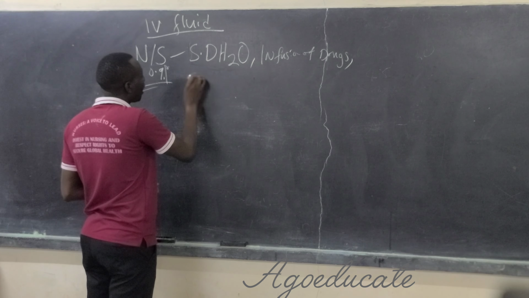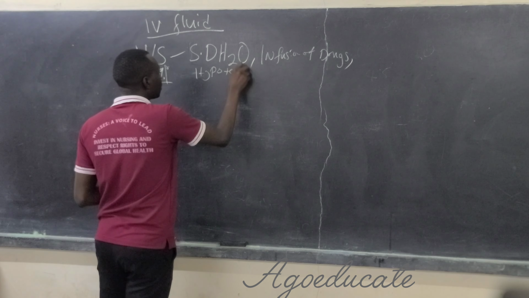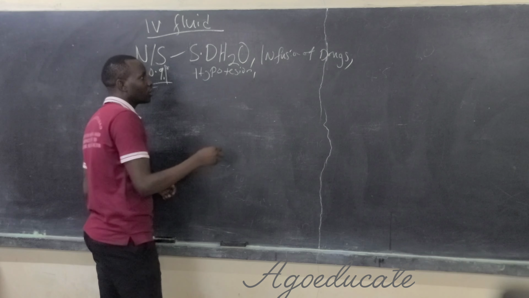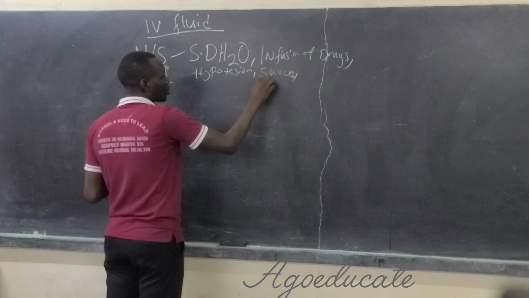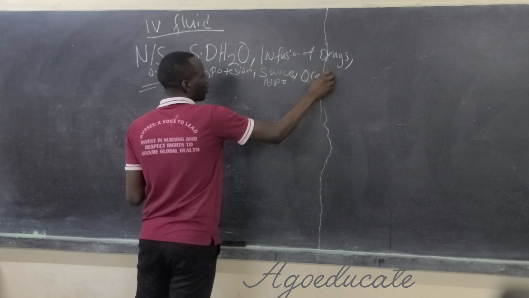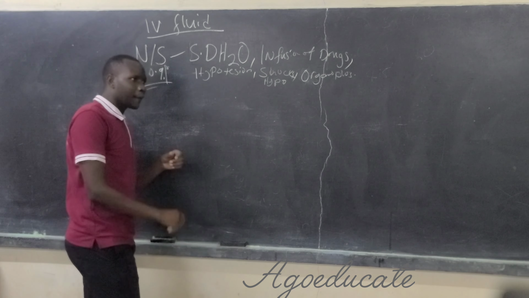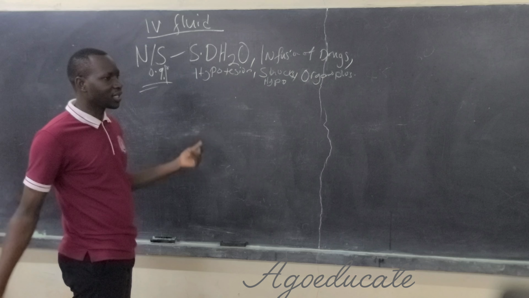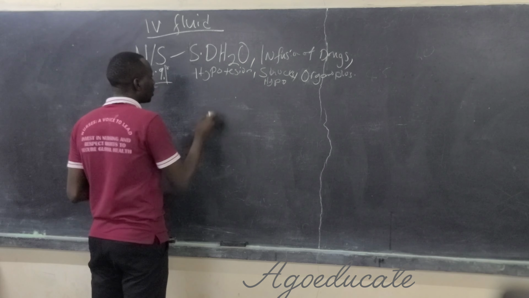It's also used in hypotension, and in shock, mostly hypovolemic shock. In organophosphate poisoning, when someone has taken poison, we give it.